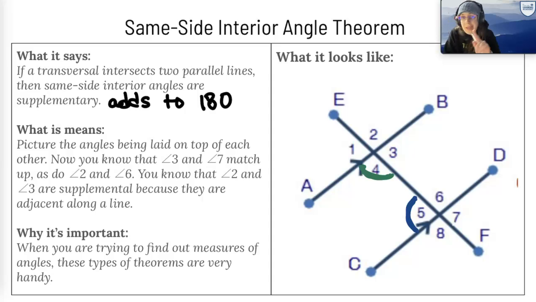These two angles have different measures because they are a different set, and so they add up to 180.